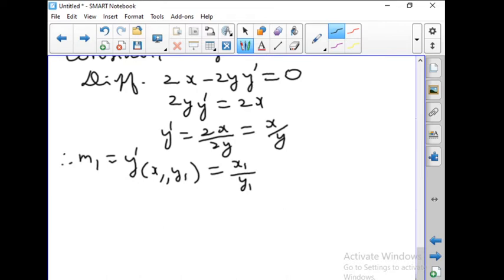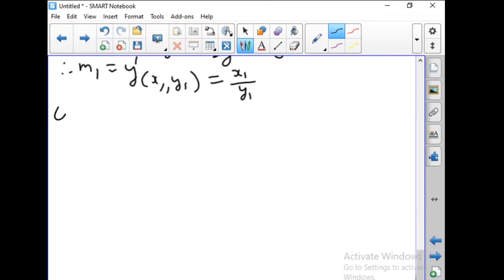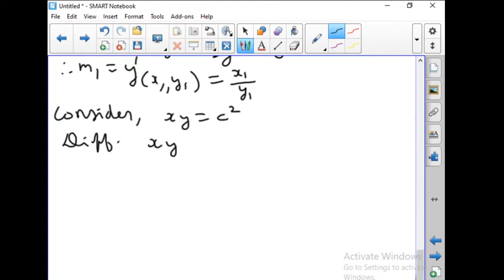Then consider the next curve. What is the second curve? xy is equal to c square. So again, like the previous problem, you are going to use the uv whole dash. So differentiating, what do you get? xy dash plus 1 into y is equal to 0.